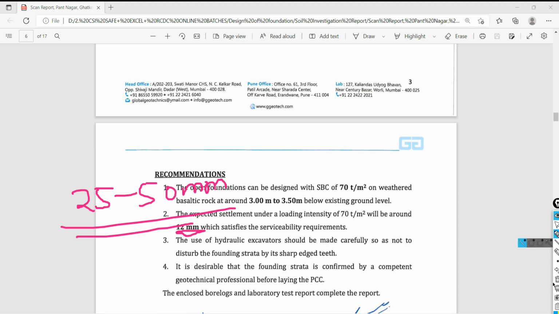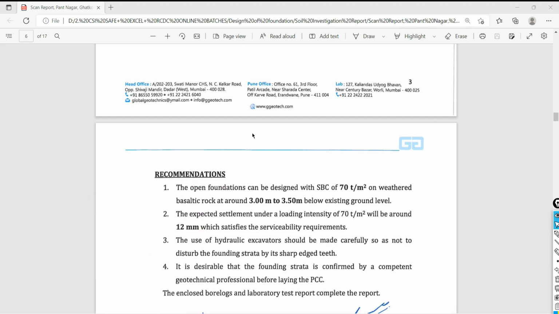Okay, whatever is given in your soil investigation report, that we will follow. So the report is saying that the allowable settlement at this level with this bearing capacity of the soil is 12 only. Clear? That satisfies the serviceability requirement, and settlement is a serviceability check, that you also know.